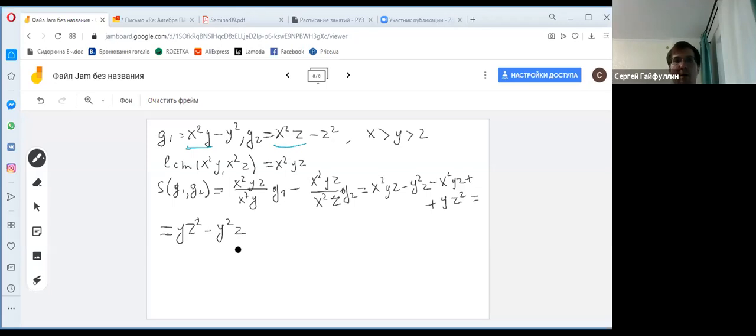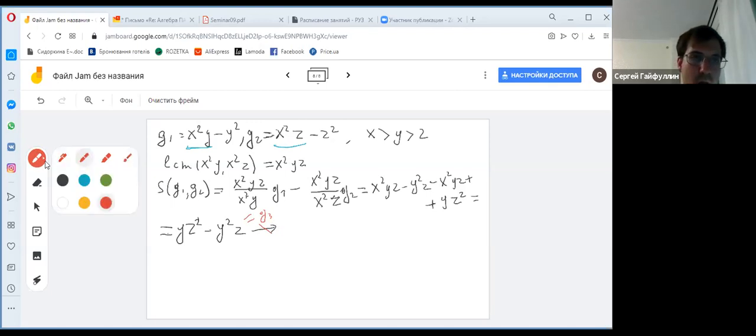Okay. Now we want to try to reduce it to a remainder. But there is no term with x in this polynomial, so there is no term which is divisible by the leading term of g1 or g2. So it cannot be reduced, and we just say that this is g number 3.